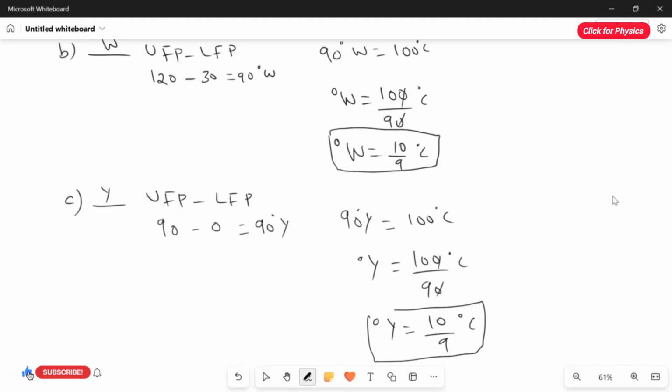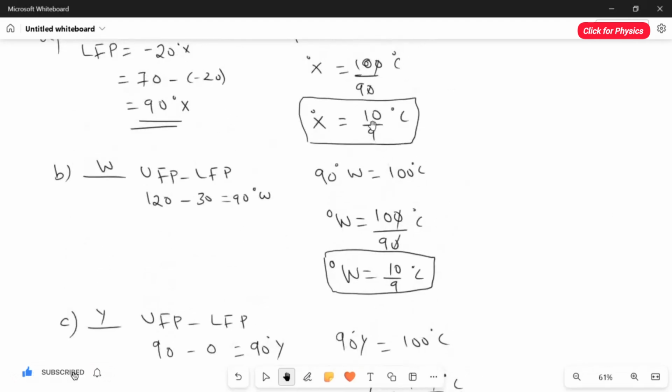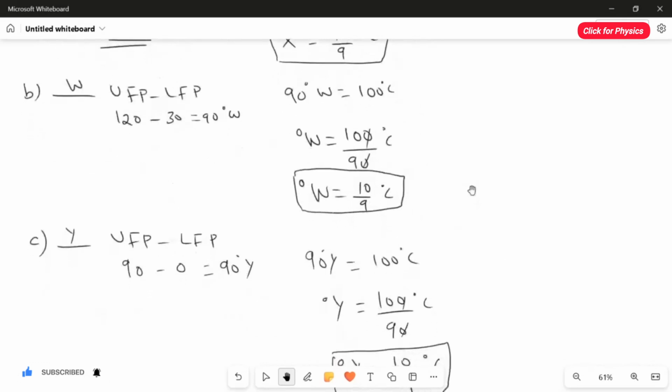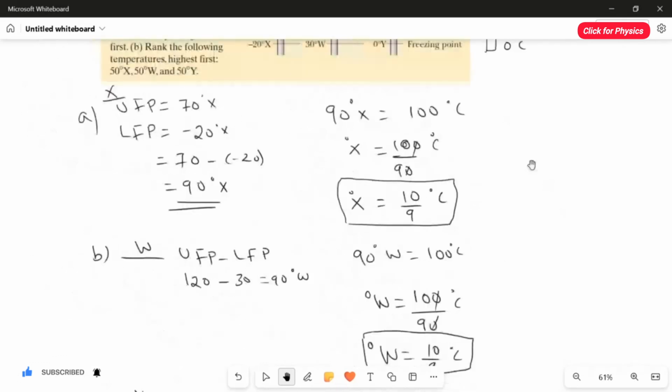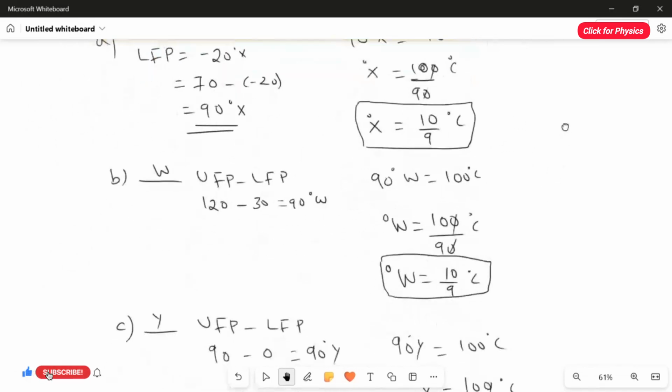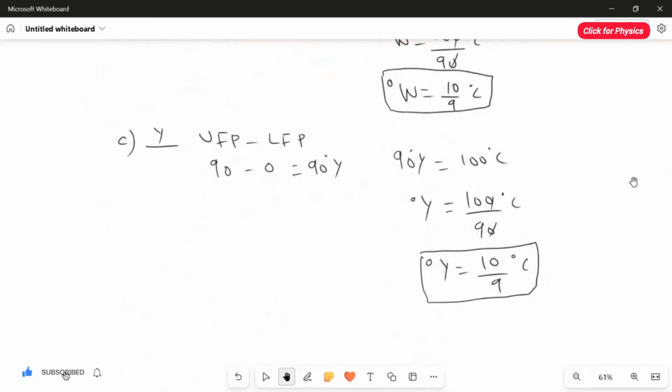Now you can see all three scales give the same answer, 10 over 9. So all these three values are equal. Clear? For the first question, we can answer: degree X is equal to degree W, which is equal to degree Y.